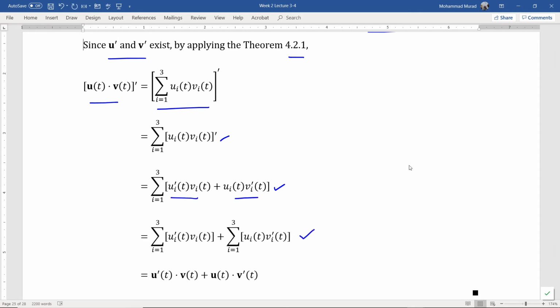Now we observe that the first term here is simply the dot product of the vectors u prime and v, and the second term here is also the dot product of the vectors u and v prime. This concludes the proof of statement 4.